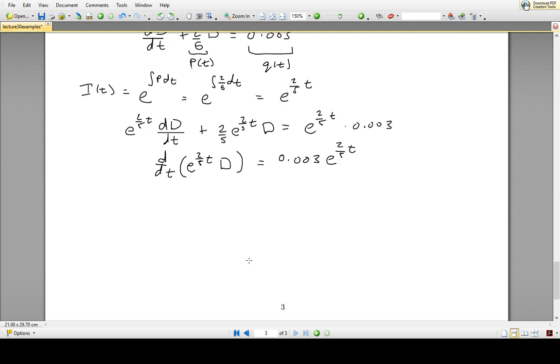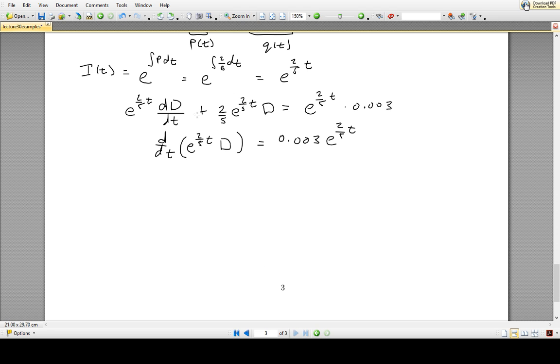And to get rid of that derivative, I'm going to antidifferentiate both the left-hand side and the right-hand side. That gives me e to the 2/5 t times d on the left-hand side, I just undo the derivative there. And then if I take the antiderivative of the right-hand side, I end up with 5/2 times 0.003 e to the 2/5 t.